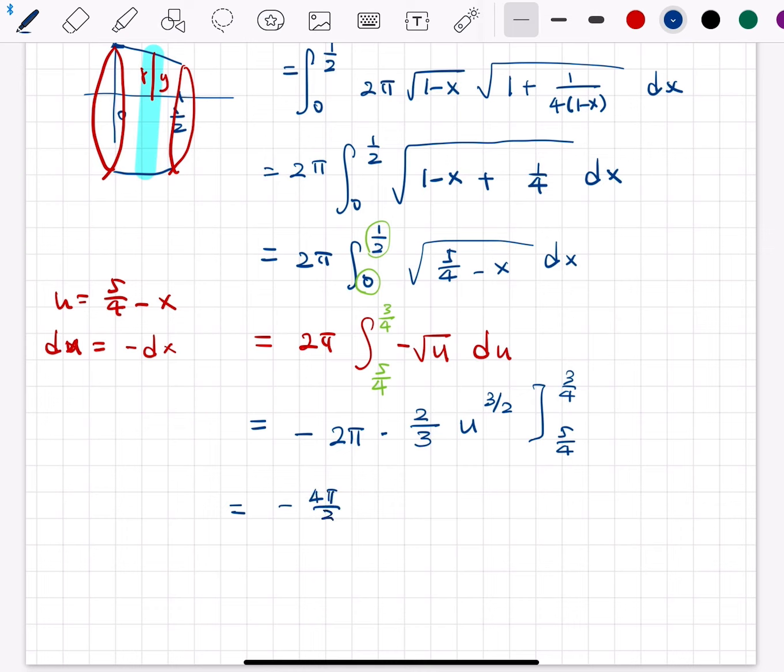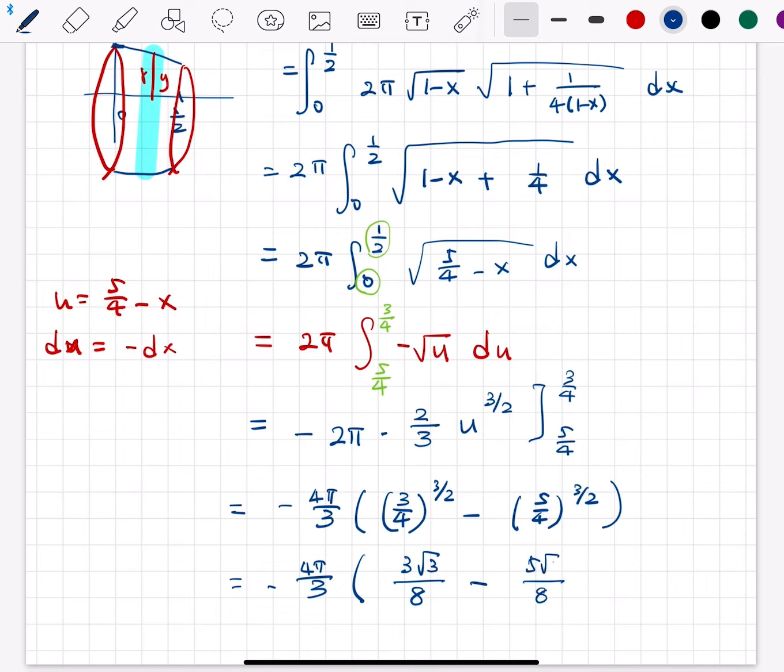Negative 4 pi over 3 multiplied by 3/4 to the 3/2 minus 5/4 to the 3/2, which is 3 square root of 3 over 8 minus 5 square root of 5 over 8.